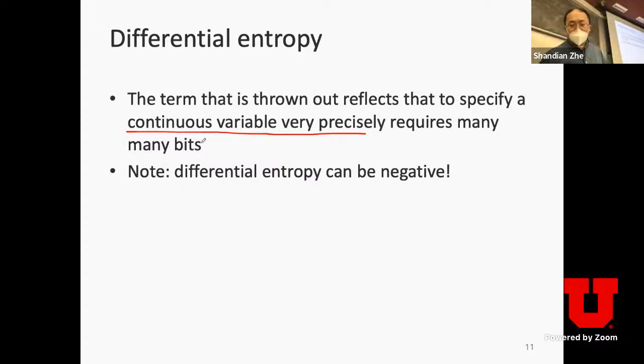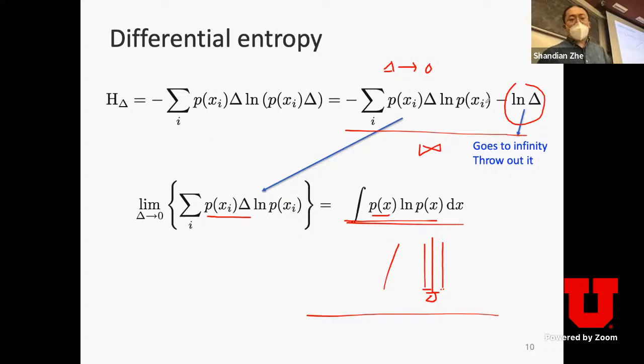Actually, this term tells you that, remember, when we derived this, we were doing discretization, right? You imagine you discretize your continuous random variable into bins 1, 2, 3, 4, 5, 6, 7, right? Of course, the smaller the delta, the length of the bin, the more accurately you can represent or recover the original signal.